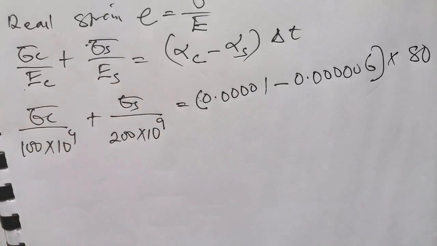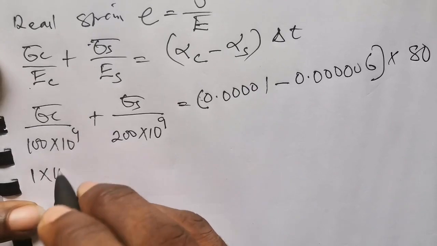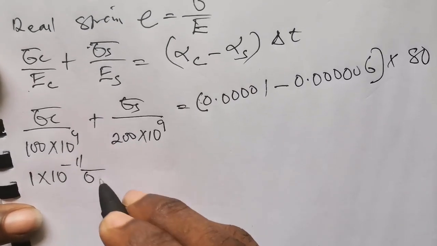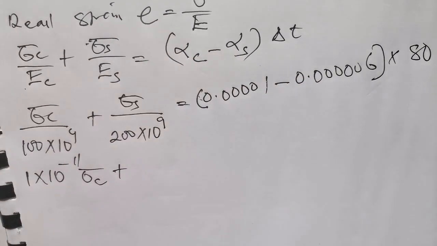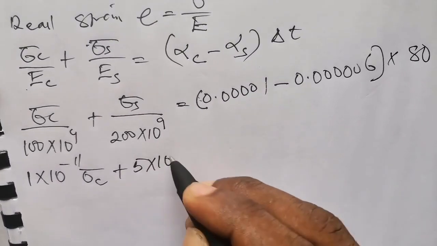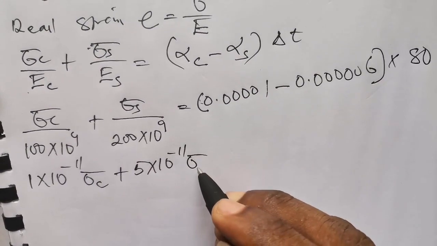So 1 divided by 100 by 10 to the power of 9 gives us 1 by 10 to the power of minus 11 sigma c, plus 1 divided by 200 by 10 to the power of 9, which gives us 5 by 10 to the power of minus 12 sigma s.